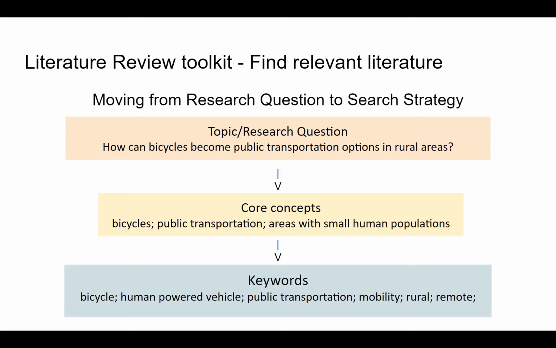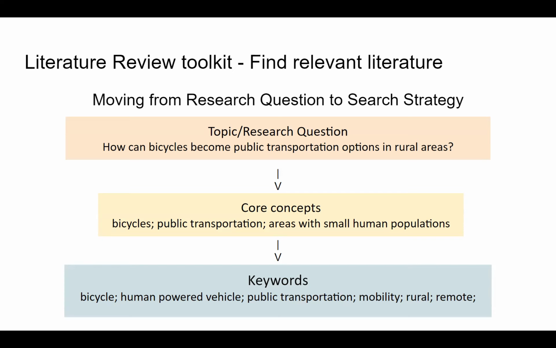To find relevant literature, the first step is to think about your research topic or question. This can happen on a piece of paper or in a digital format. My example question you see here is broken down into a strategy for using search engines and databases.